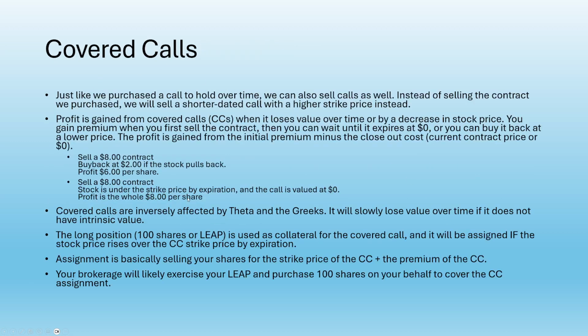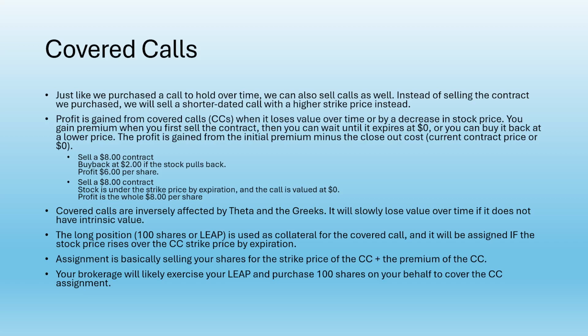Here we go. So if I want to sell an $8 contract, let's say Nvidia, you have a strike price of 90. You purchased it when the stock was at 110, so you paid only $4,000 for it.